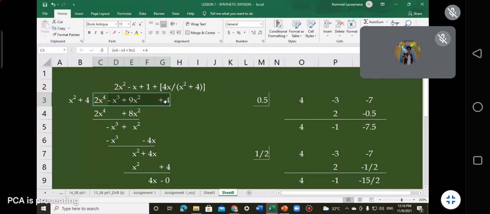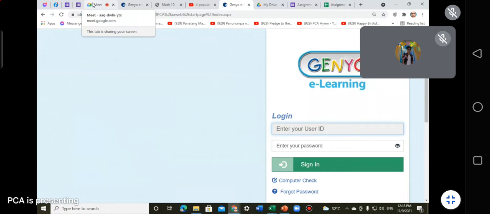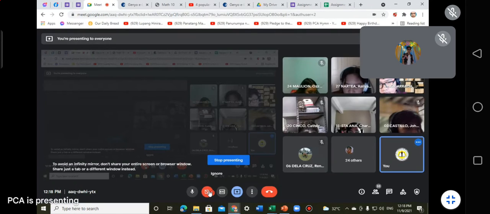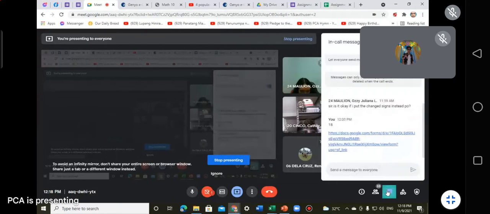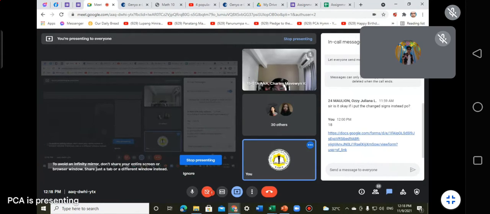If you divide this polynomial dividend by the divisor there, can we use synthetic division? Sige, chatbox kayo. Takot? Ayaw nyo ng points. Sige.